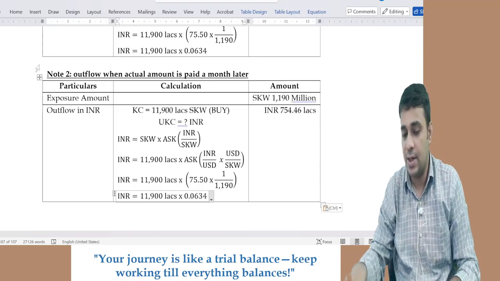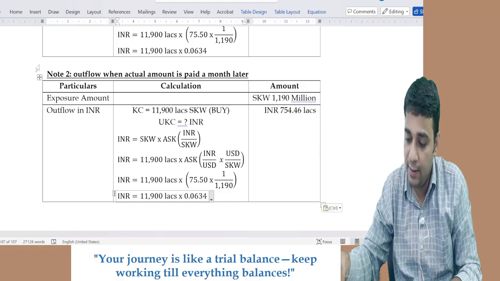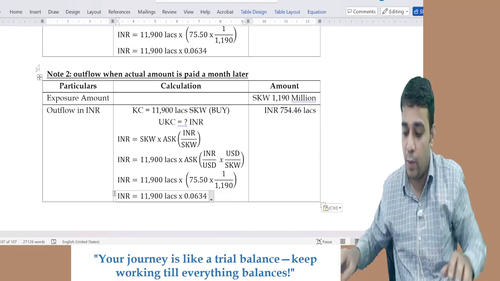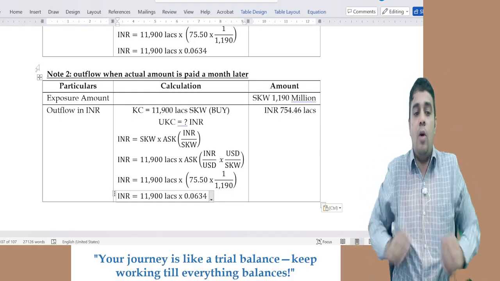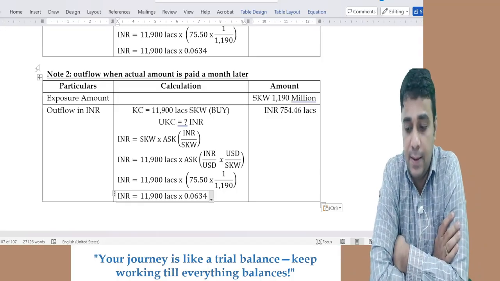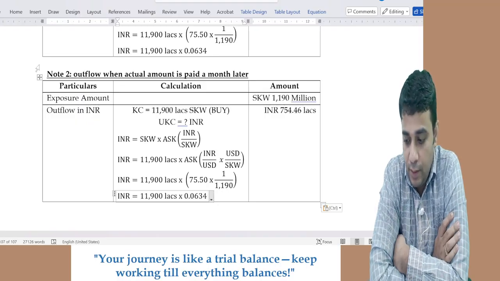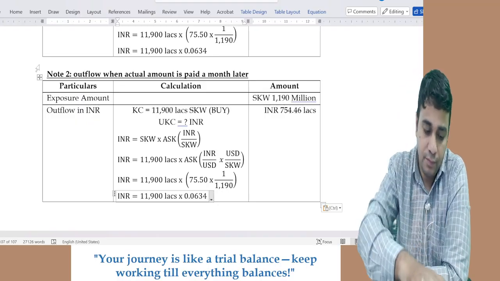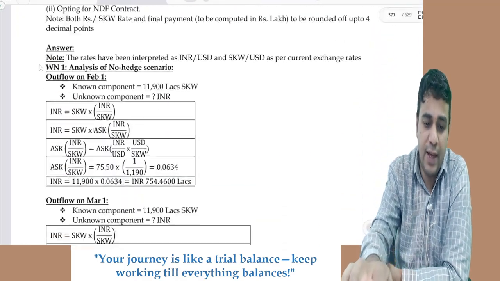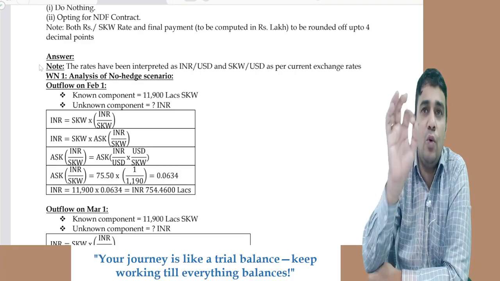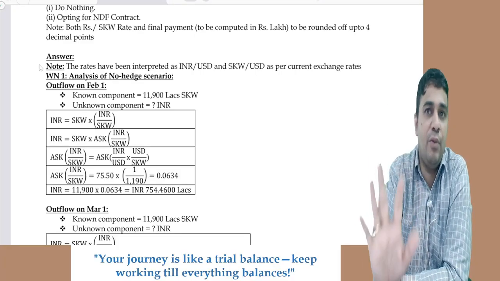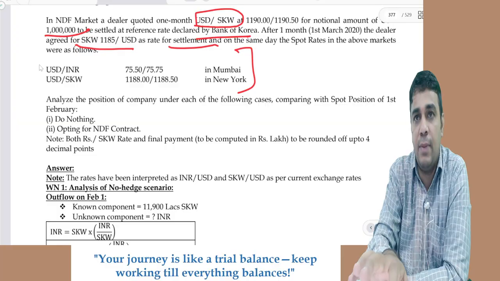You do the calculation and write the answer. 4 decimal rate. Take the 1 month forward rates now. Outflow when actual amount is paid a month later. Technically I don't see any use of this, but the question has said do 4 decimal rate. That's why I'm doing 4 decimal rate. Otherwise, I would have done a direct multiplication.